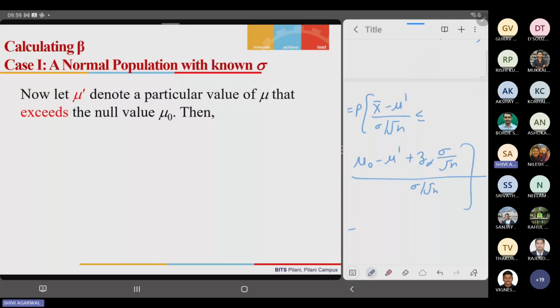So that will become here the probability that Z, standard normal distributed, is less than or equal to mu naught minus mu dash upon sigma upon root n plus Z alpha.